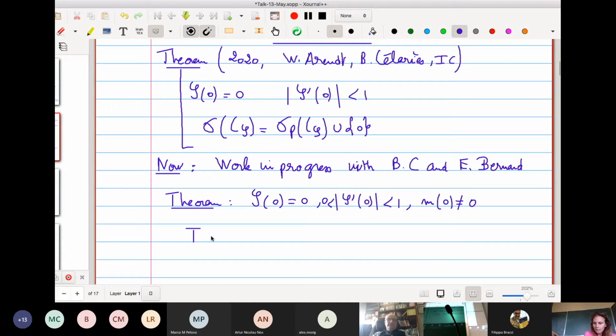Now we take T defined by composition and multiplication.